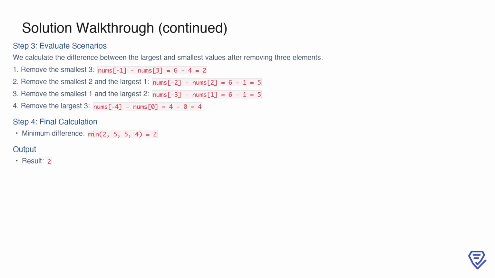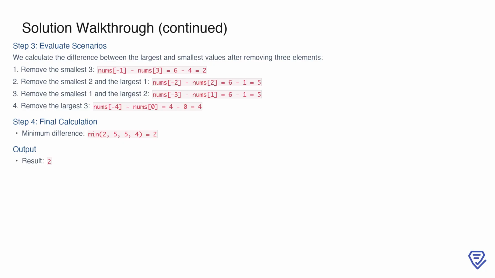The third scenario involves removing the smallest element and the 2 largest ones, producing nums[-3] - nums[1] equals 6 - 1 equals 5. Finally, the fourth scenario is removing the 3 largest elements, leaving the range between the smallest value and the 4th largest value: nums[-4] - nums[0] equals 4 - 0 equals 4. Among these, the smallest difference is min(2, 5, 5, 4) equals 2.